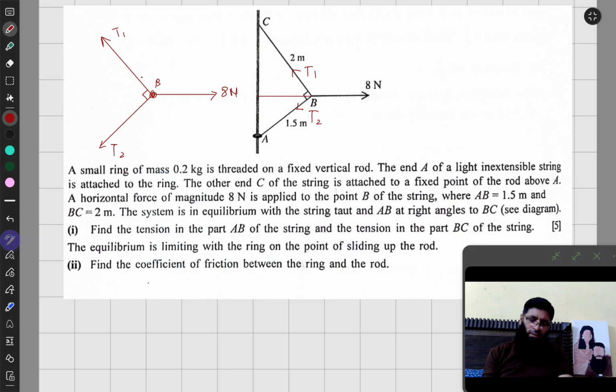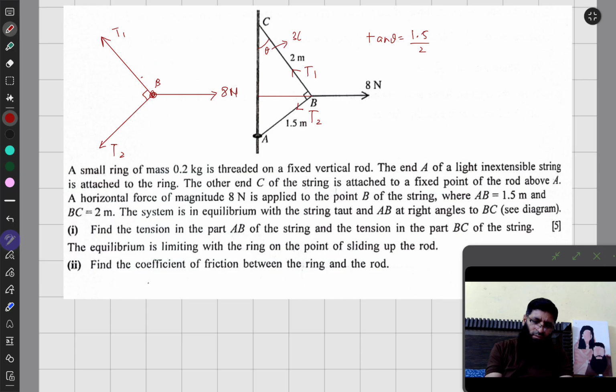Basically you have a right angle triangle, so if you find this angle, let's suppose this is theta, then tan theta will be equal to 1.5 divided by 2. This angle is 36.9.